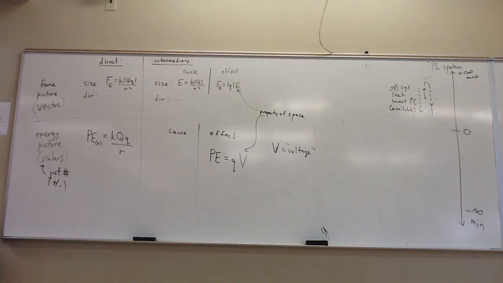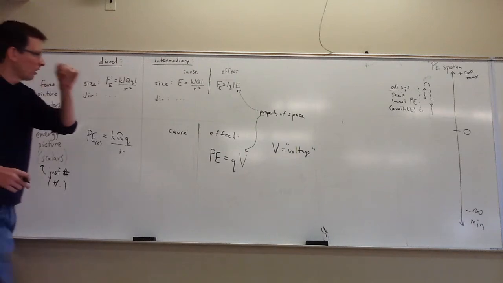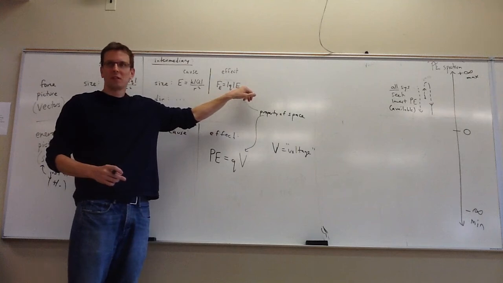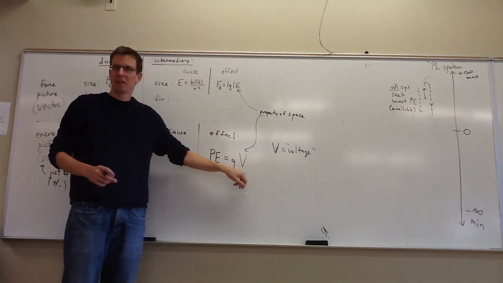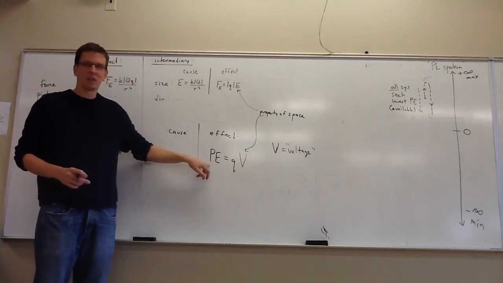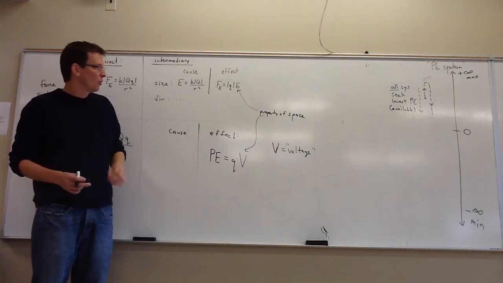So every point in space can be assigned a value. It doesn't mean that there's anything there yet, but an empty location has a certain property. The electric field is the property that can be used to compute a force, should you choose to put something there. And the voltage is the property that, if you put something there, can be used to calculate the potential energy. So notice the same progression.